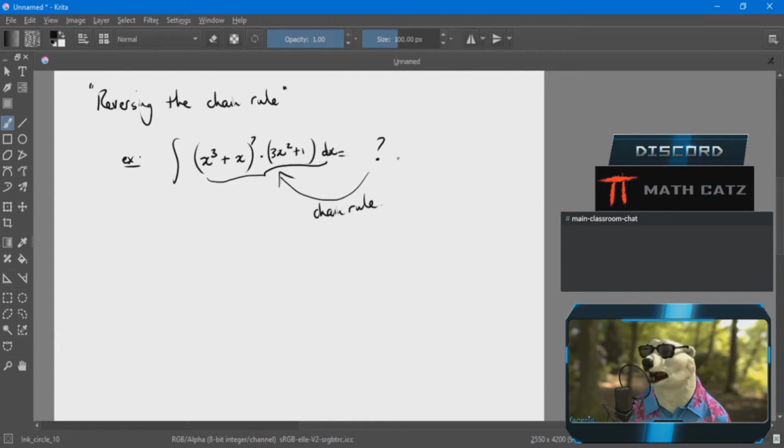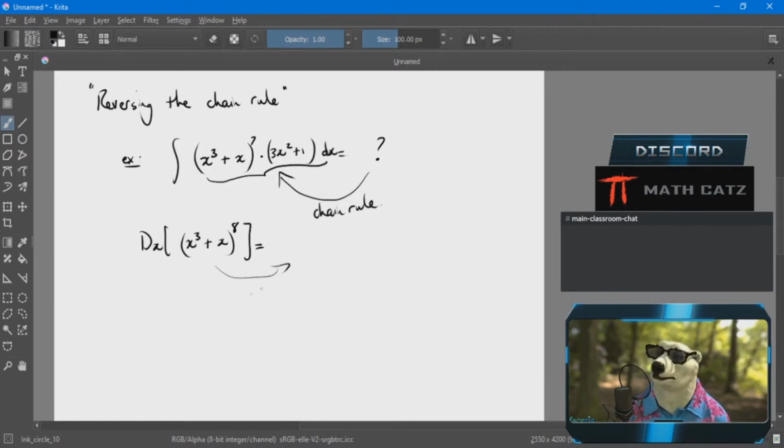To then say, if I guess x cubed plus x to the power of 8 has to be there, and that's going to be my first guess. If I try this, yes, it's a function of a function.